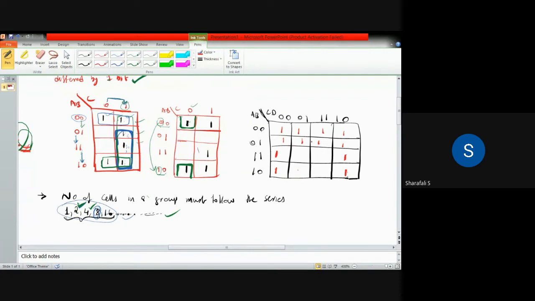So let's consider a K-map like this, for example. In this case, this is a 4 variable K-map.